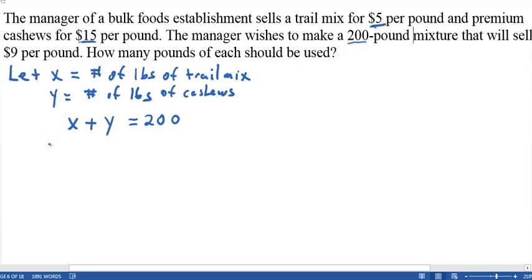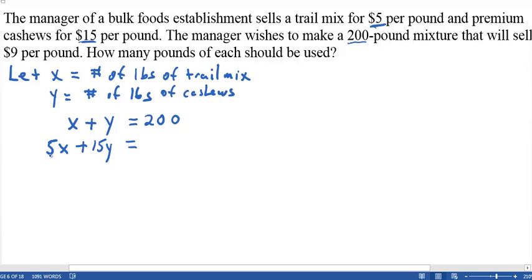So it's $5 per pound, and the number of pounds we determined so far was just x, plus cashews sell for $15 per pound times the number of pounds, which in this case would just be y. And that's going to equal the total amount.